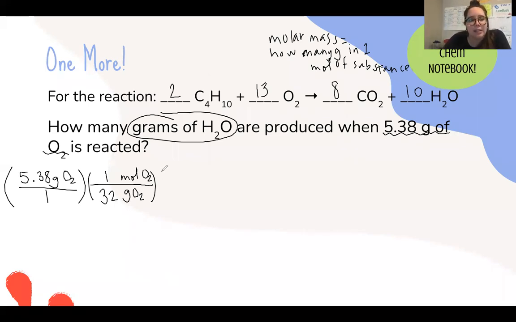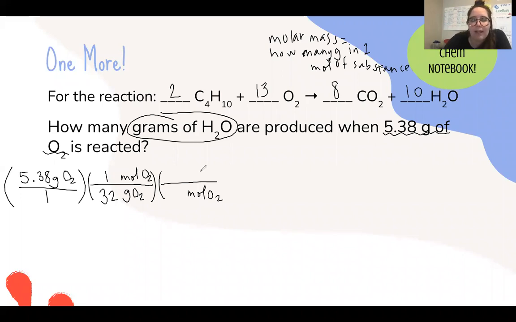So next, I don't want my answer in oxygen though. I want it in water, in H2O. So I need to put moles of H2O. Ooh, no. I need to put moles of O2 on the bottom so that they cancel out.